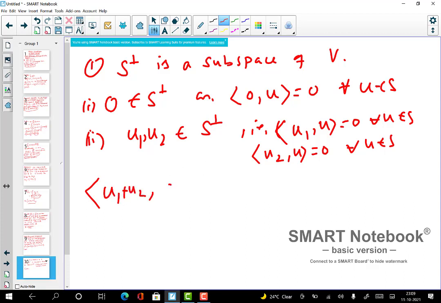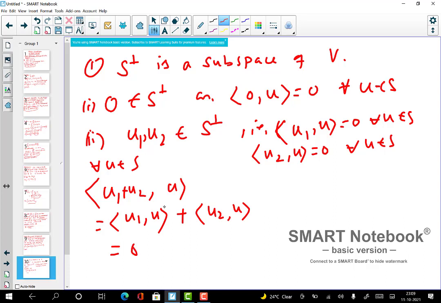But for any u belongs to S this is true, because this is nothing but inner product of u1 with u plus inner product of u2 with u, right? And this is for all u belongs to S. Okay, and hence this is 0. So this is closed under addition, right? Similarly for multiplication also it is the same.